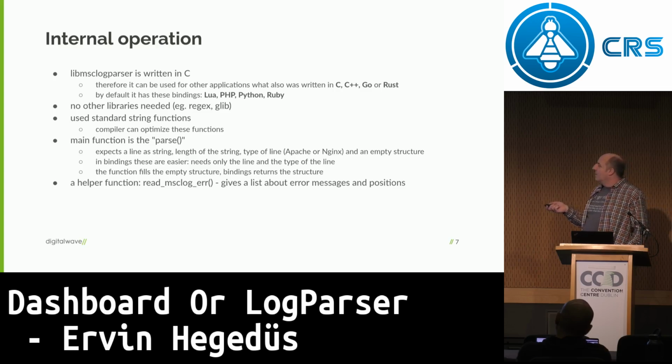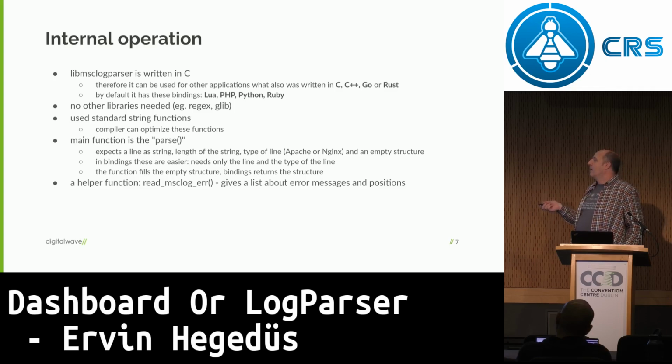No other libraries needed. For example, no kind of regex or glib or any others. I try to use standard string functions, for example strstr, because the compiler can optimize these functions.